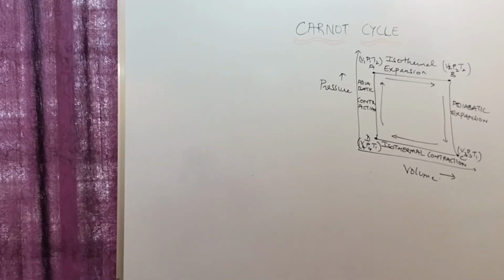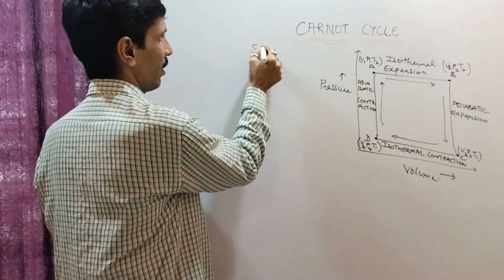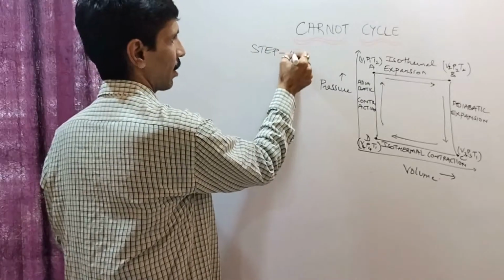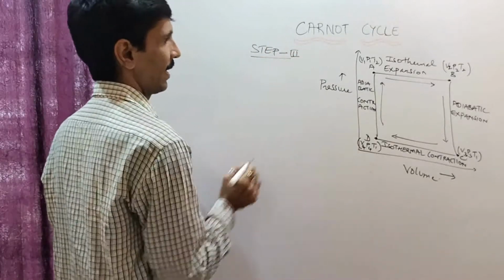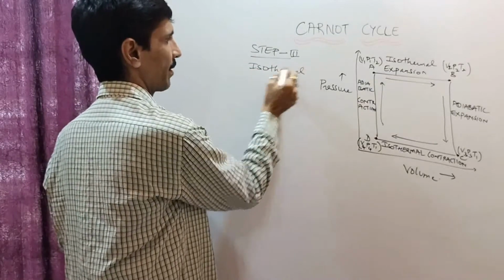Alright, we move now into step number 3. When we talk about step number 3, as you can see, we are now heading towards the contraction process, and that is what we call isothermal contraction.